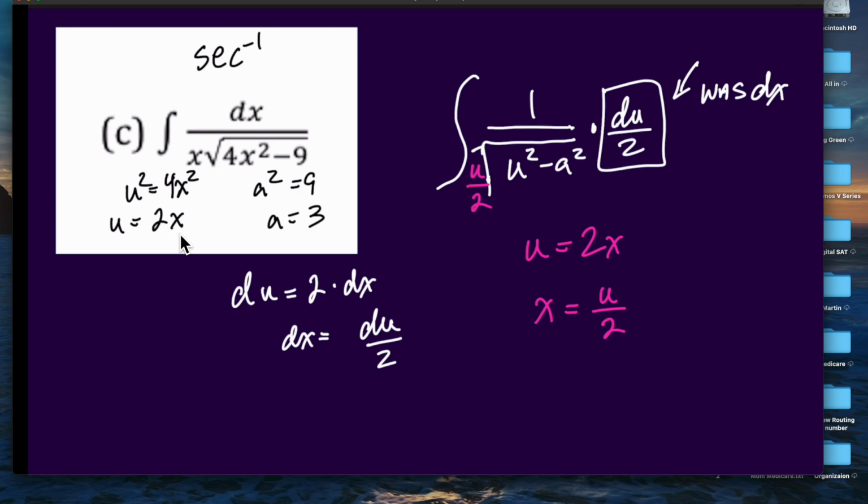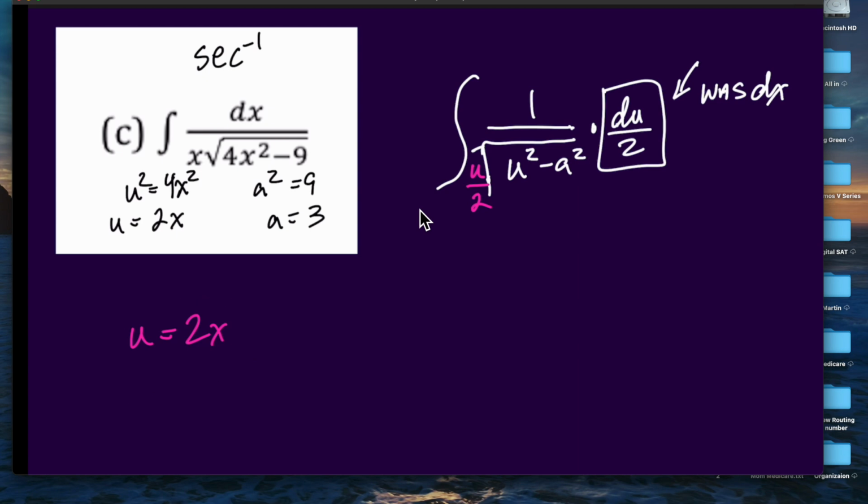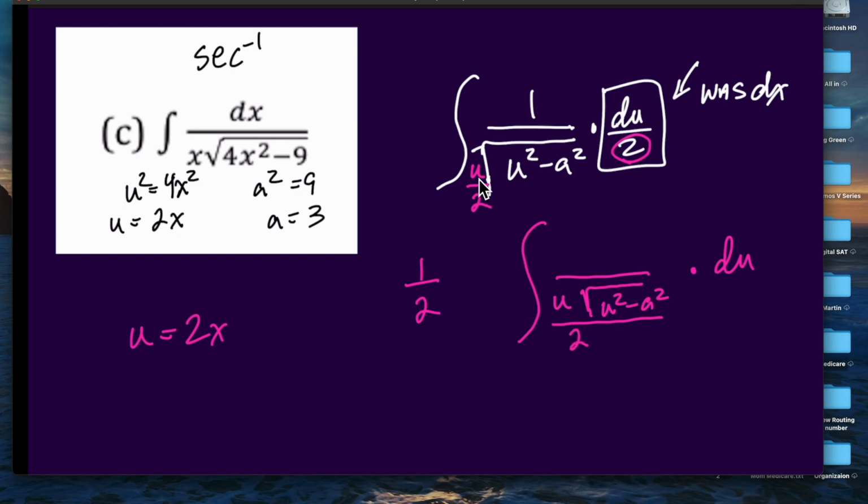Okay, like so. All right, now as we simplify this u over 2, we're going to be very careful. First thing we're going to do is bring this 1/2 out front. So we're going to have 1/2 the integral, and we're going to have du over here. Now, if we look at this denominator, this has u up top, it has the radical, u squared minus a squared, and it has a 2 beneath with a 1 on top.